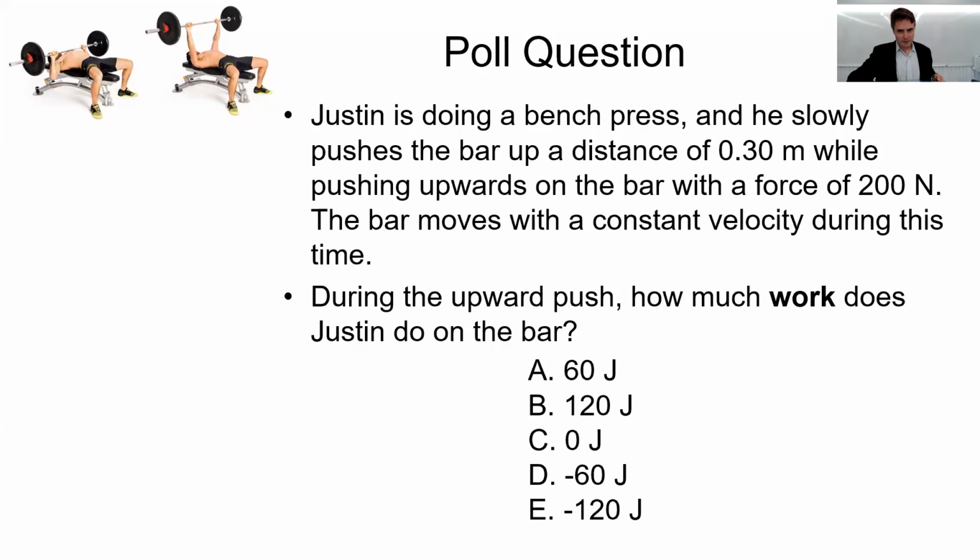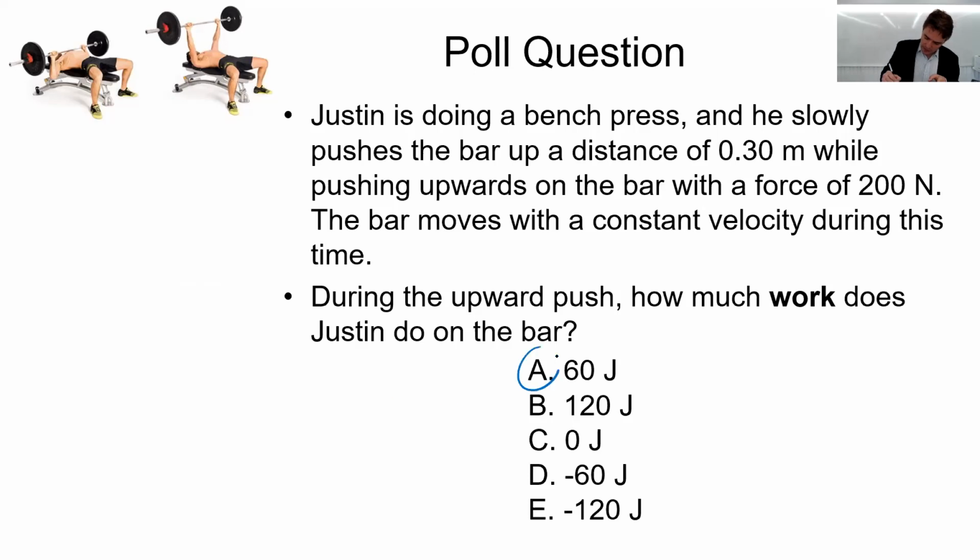Let me just click in, give you another 5 seconds. And in polling, 77% of you who voted were saying A, that you've got a plus 60. So I like it.